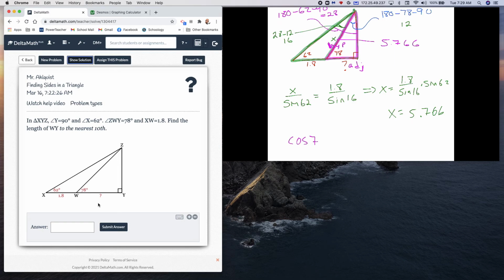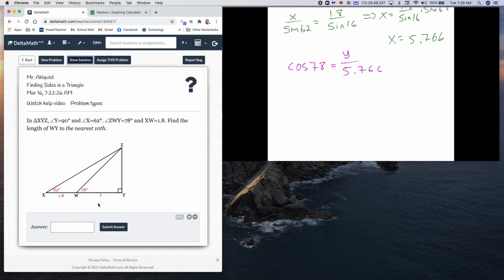cosine of 78 is equal to the adjacent, we'll call this y, divided by 5.766. And then if we just multiply by 5.766 times the cosine of 78, we could get that answer.